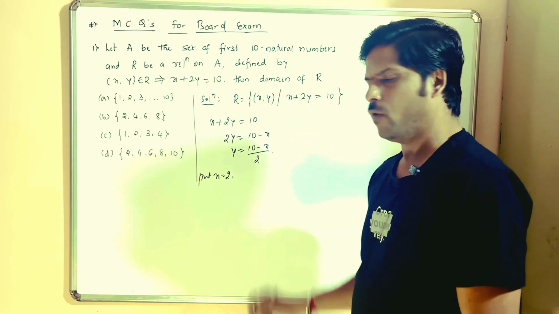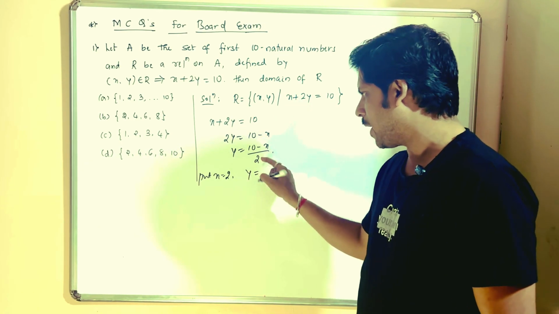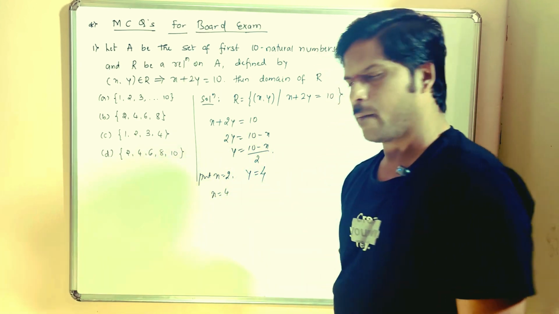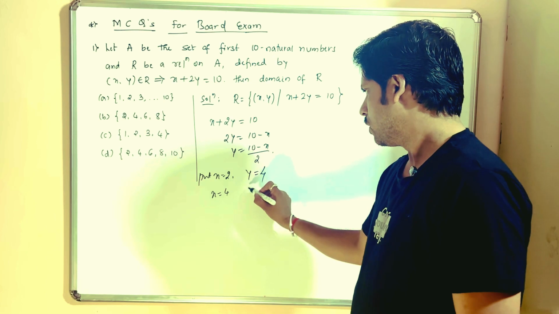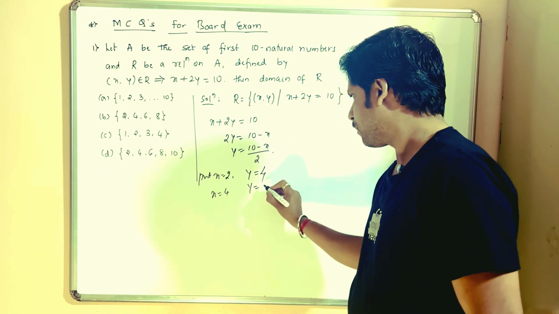Therefore put x equal to 2. Here we get 10 minus 2, which is 8, and 8 by 2 is 4. Put x equal to 4: y is equal to 10 minus 4 is 6, and 6 by 2 is 3.